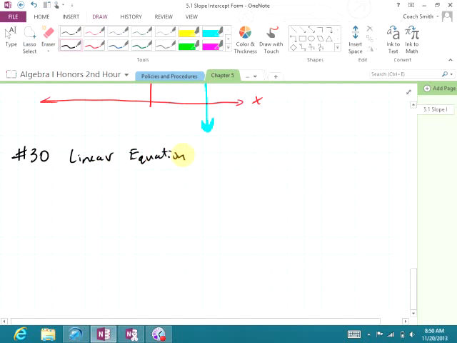A linear equation means that we need it in y equal something form. It's going to depend on the situation. You can't necessarily put it in mx plus b form. It may have to be switched. So, if we let y equal what? What is y going to equal in this problem?